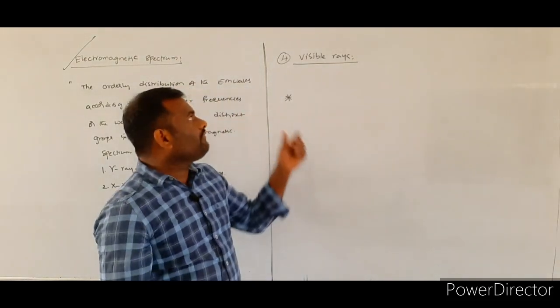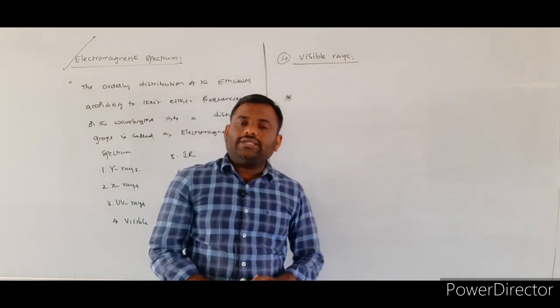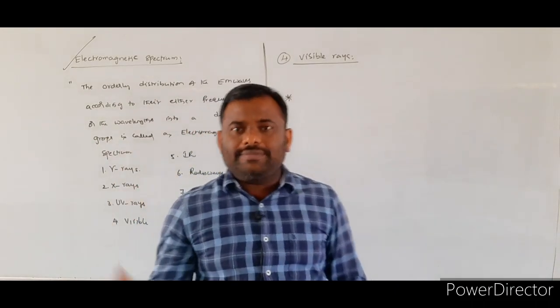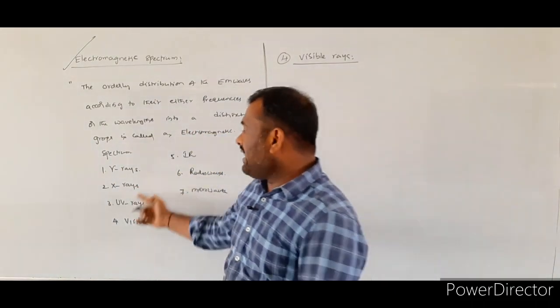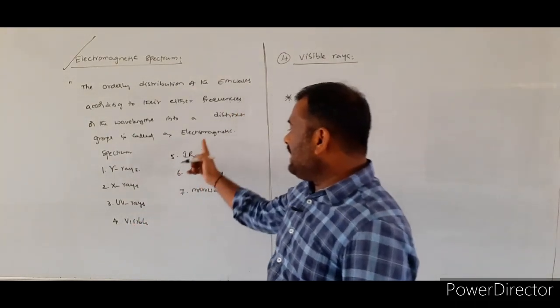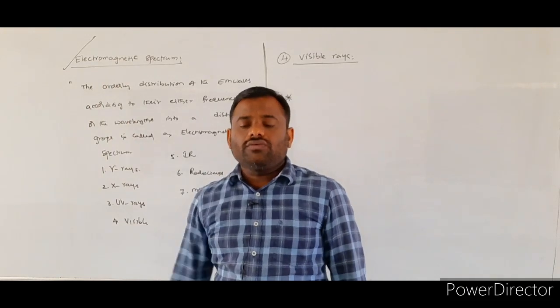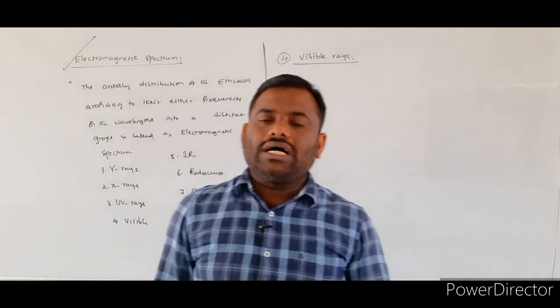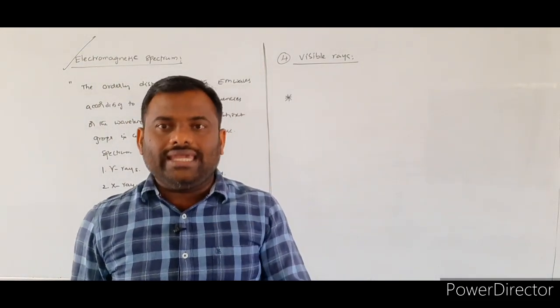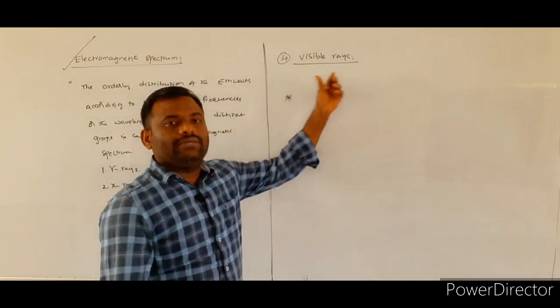The fourth one is visible rays. In the electromagnetic spectrum, so many types of radiations are there: gamma rays, X-rays, UV, visible, IR, radio, microwaves. Out of all these radiations, the one and only radiation detected by the human eye is nothing but visible rays.